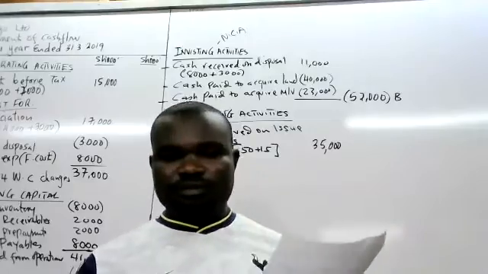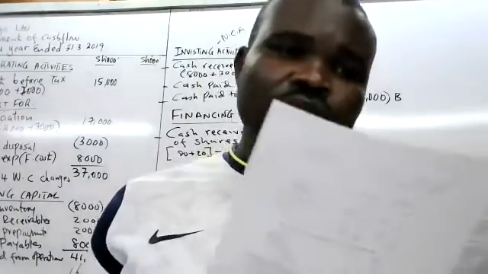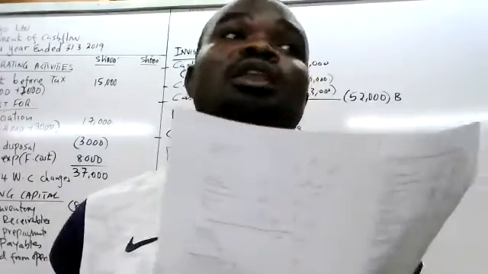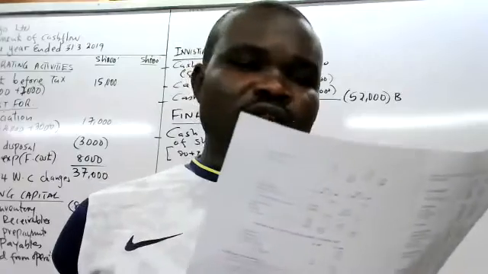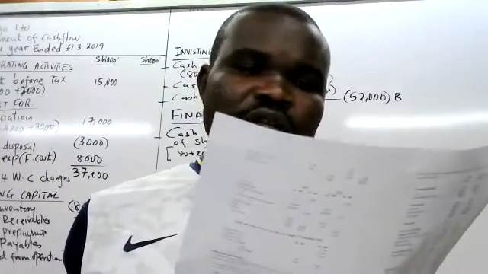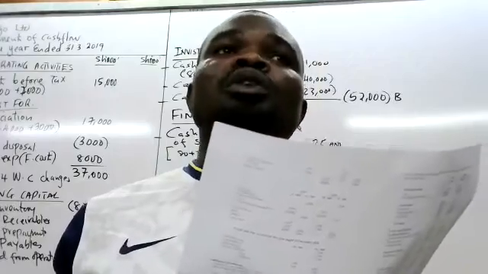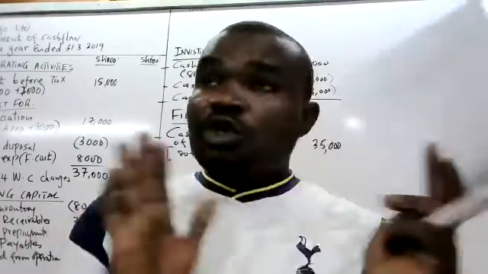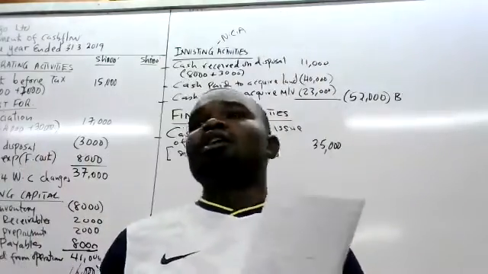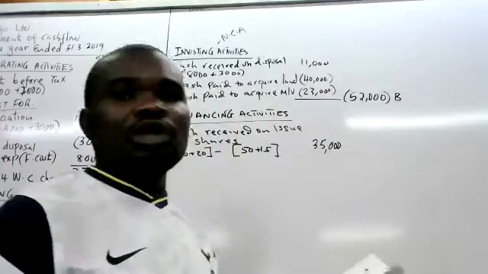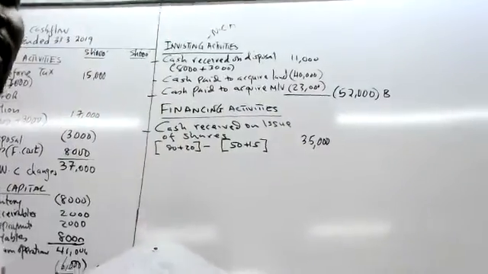Check note 6. Note 6, they said what? Total dividends for the year, both interim and proposed, amounted to 5. That is total dividend. They did not say paid. So to get paid, this is what you will do. Let's have a small working outside.